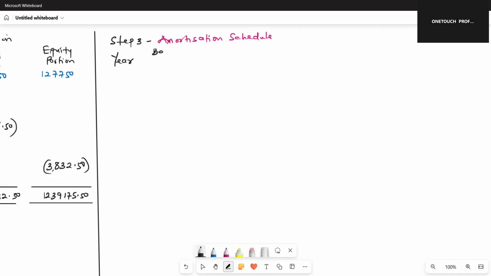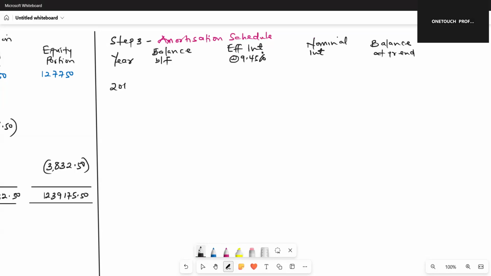We have the year, balance brought forward, the effective interest at 9.45%. So now we use the effective interest rate with the effect of the issue cost. Then we have the nominal interest as given. Then we have the balance at year end.